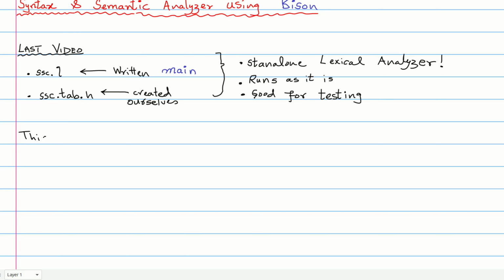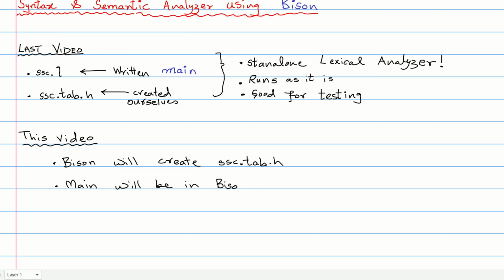However, in reality, Bison will automatically create the header file ssc.tab.h and our main program should reside in the Bison file. Bison will take care of calling the lexical analyzer for the next token and placing it into the abstract syntax tree immediately upon receiving.